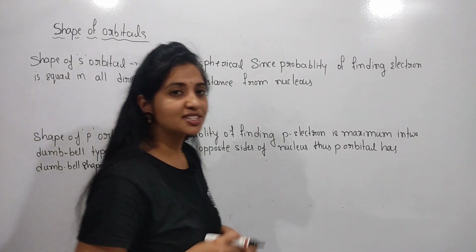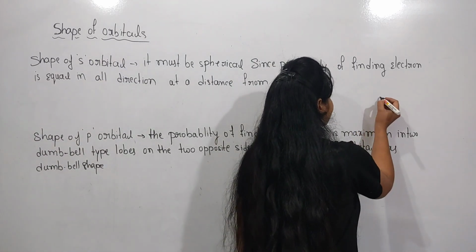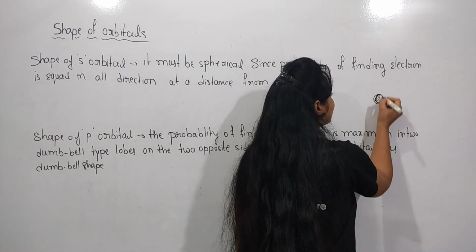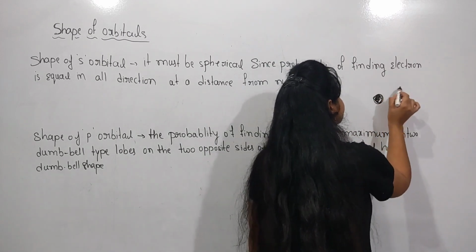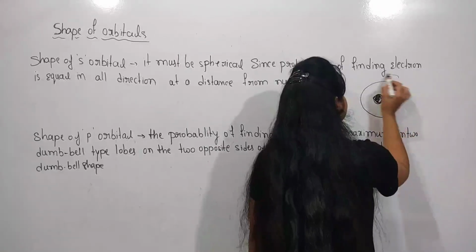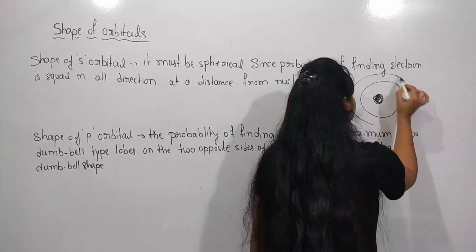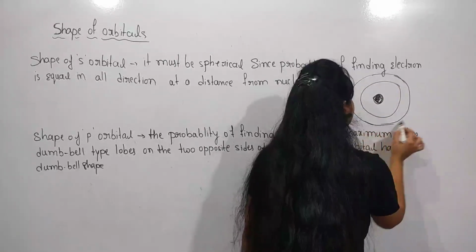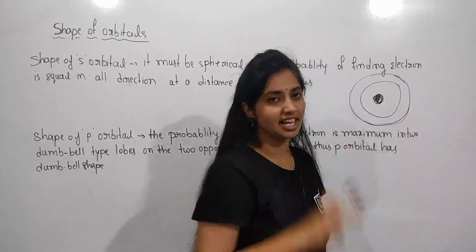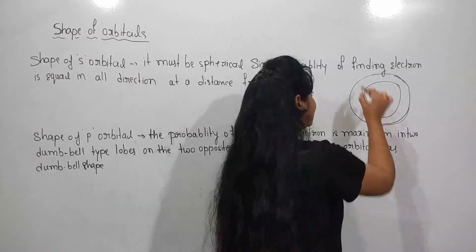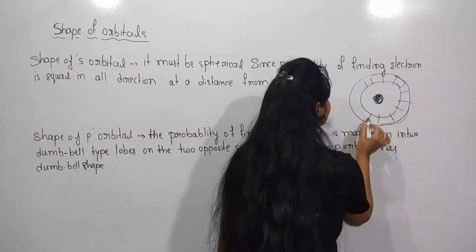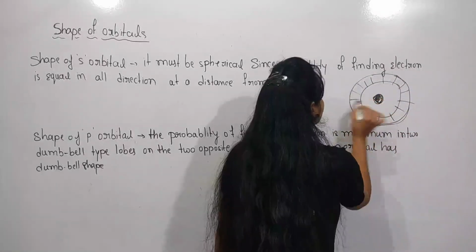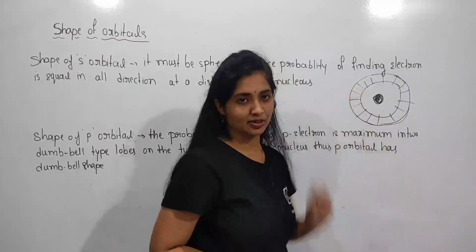First, I wish to say once again the definition or meaning of an orbital. This is our nucleus and this is the space surrounding the nucleus. In this region of space where the probability of an electron is high, we have more chance to meet the electron.